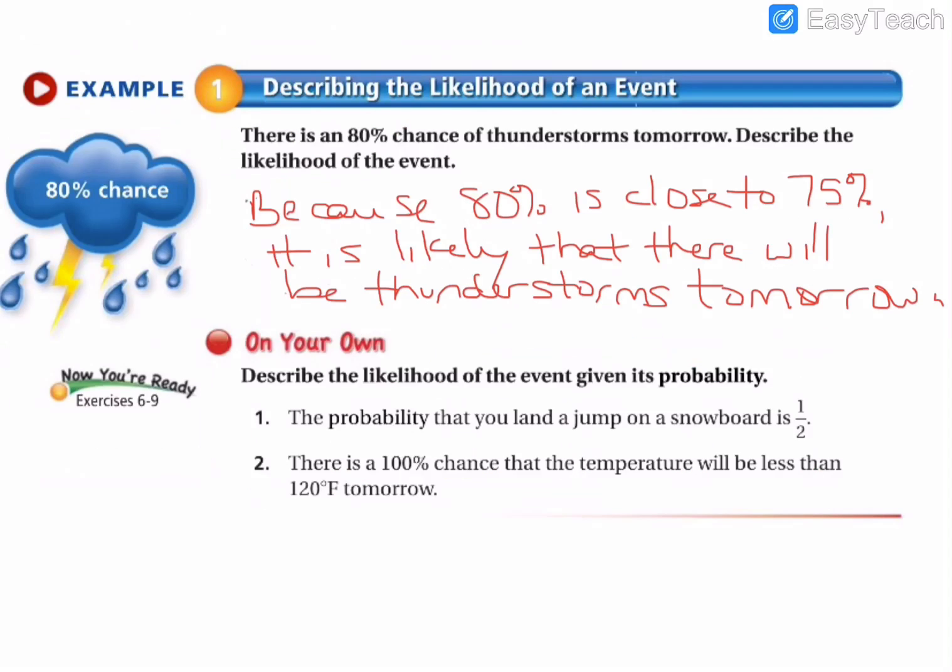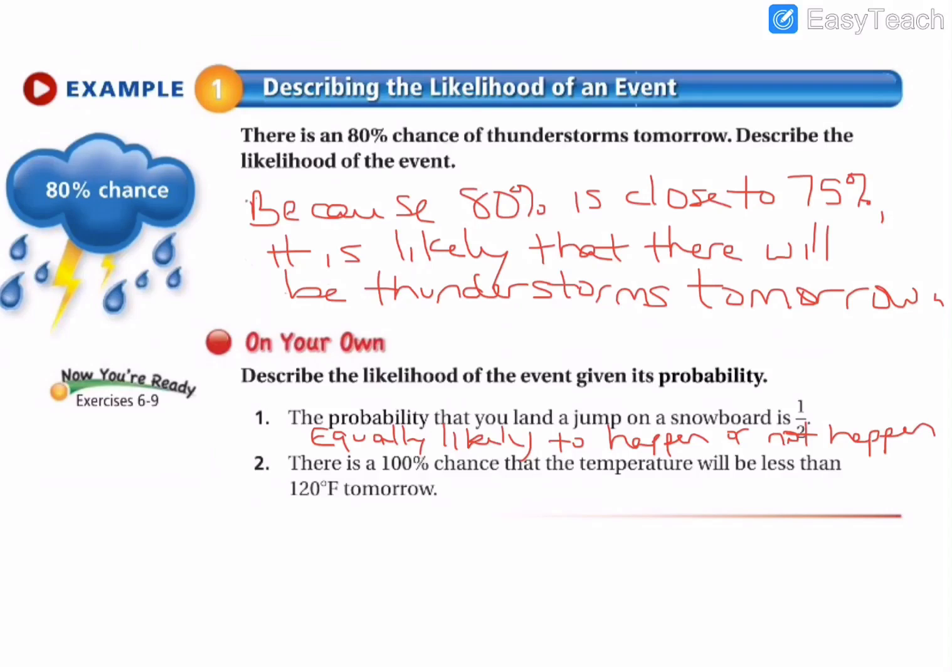So that's all you would write for that. You would just say equally likely to happen or not happen. You have a 50-50 chance.